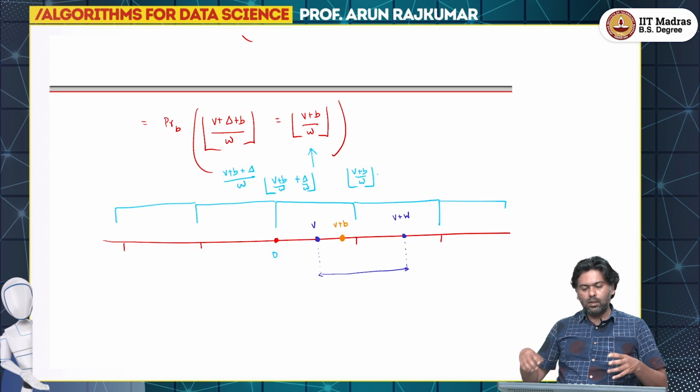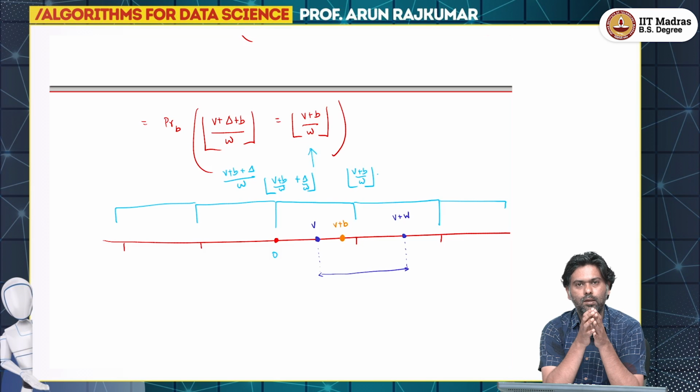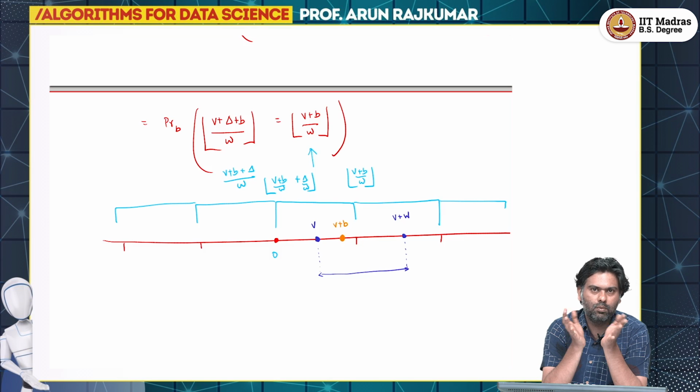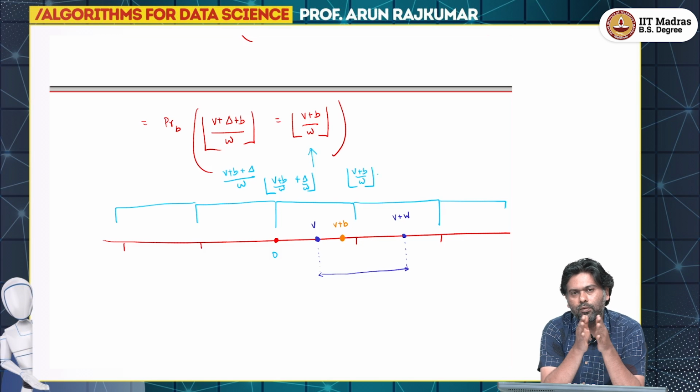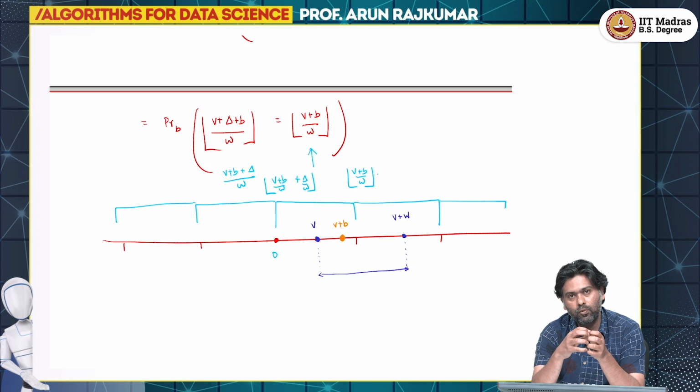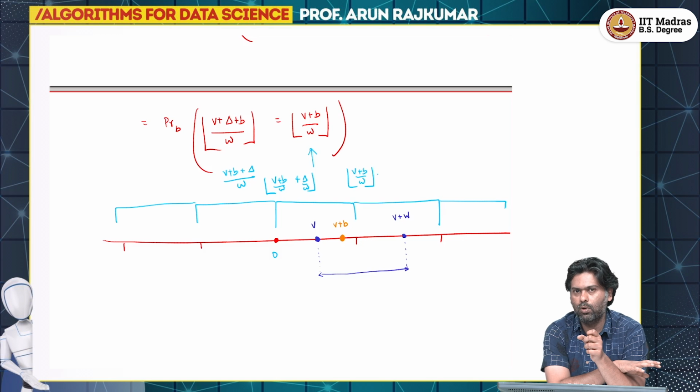So, delta, remember, is A transpose X minus Y. It can be both a positive value or a negative value, but if the absolute value of delta is more than W, which means that when I divide it by W, I am adding one extra unit, right. So, I will go either to the right hand side box or to the left hand side box, right. So, V plus B is here.